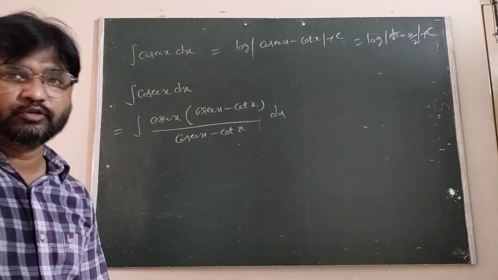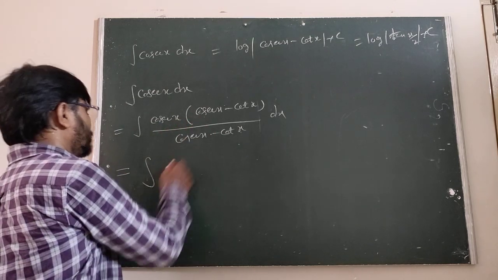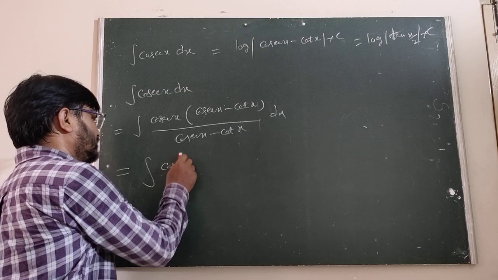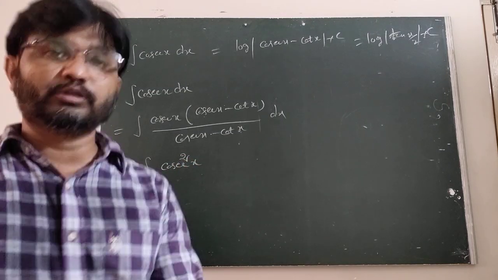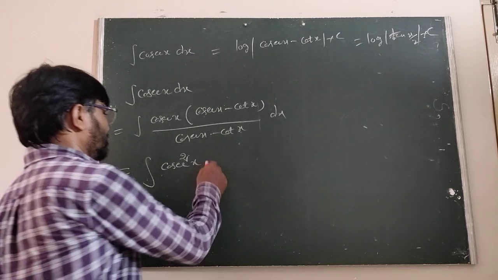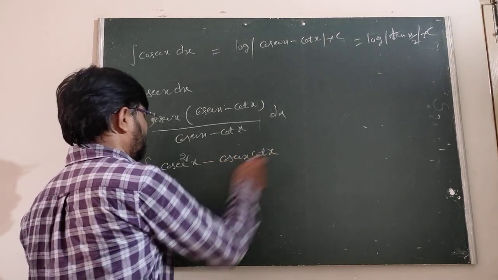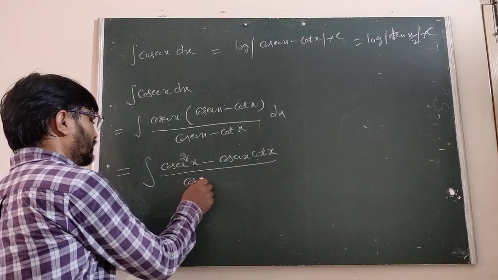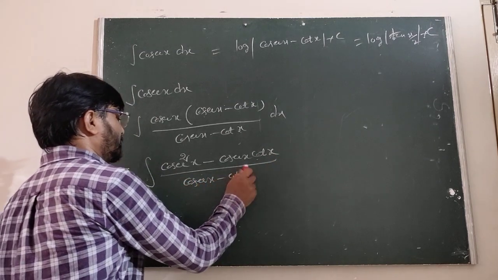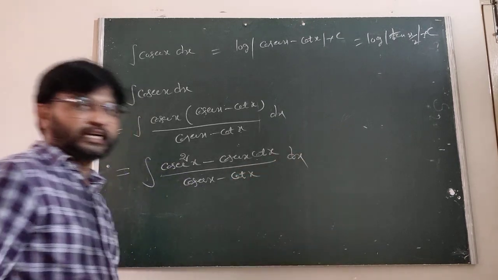After that, we multiply with cosecant x. Therefore, cosecant x into cosecant x is cosecant square x. Cosecant square x minus cosecant x into cot x, whole by cosecant x minus cot x dx. Is it clear?